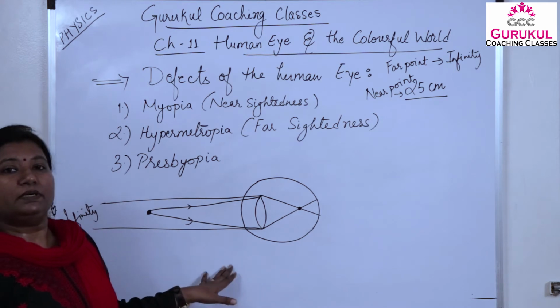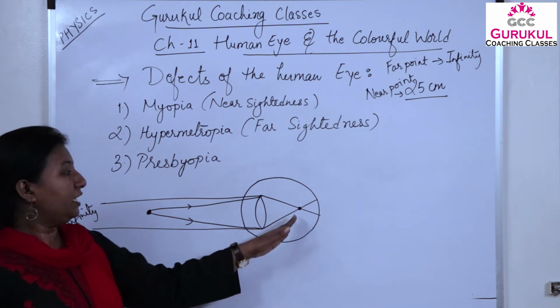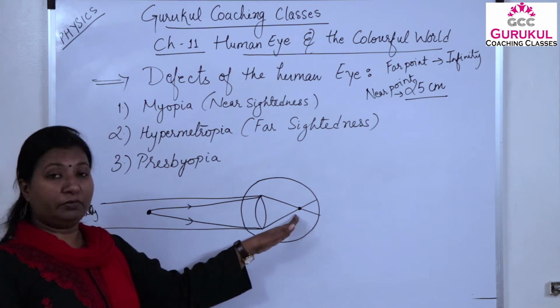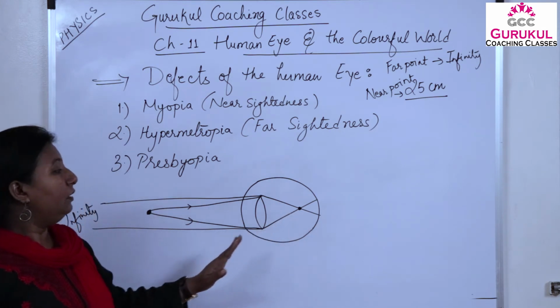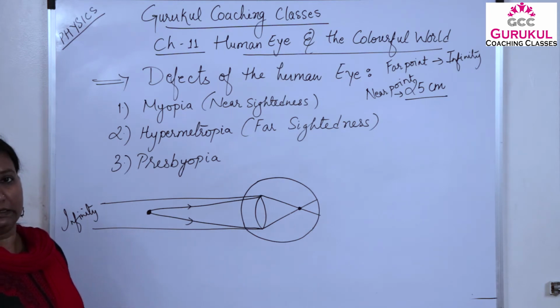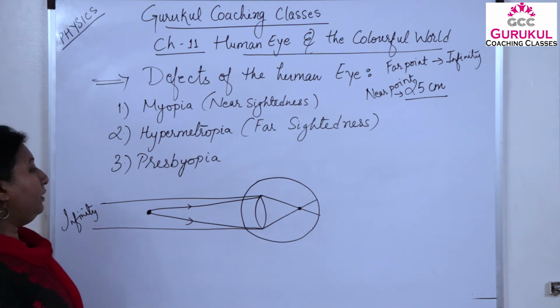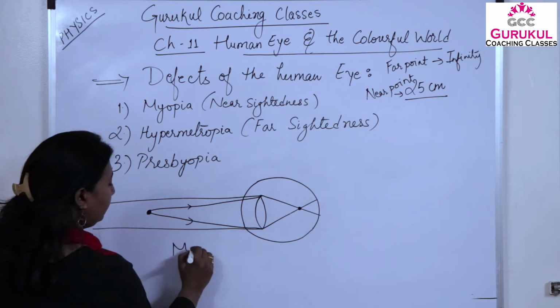So the person can't see the faraway objects, because the image is forming before the retina. So this is the myopic eye.